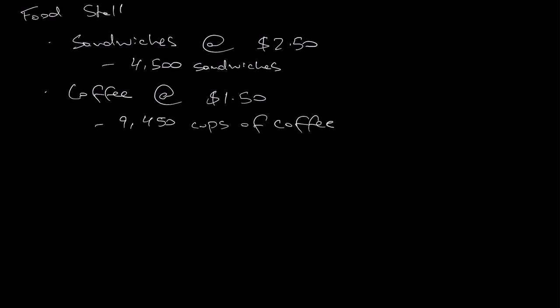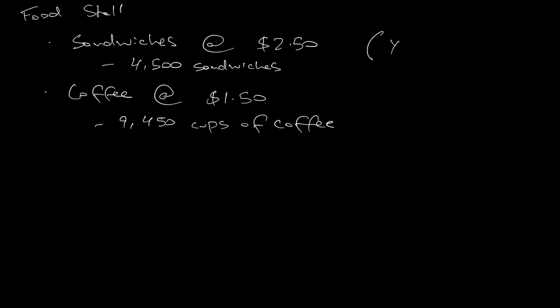So the question is now, okay, how do we actually determine our revenue, and how much revenue did the firm receive in its last month of trading? Okay, so let's figure out for sandwiches first. We'll look at calculating our revenues.